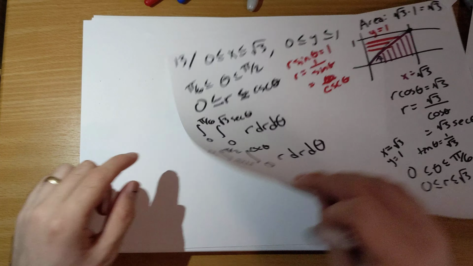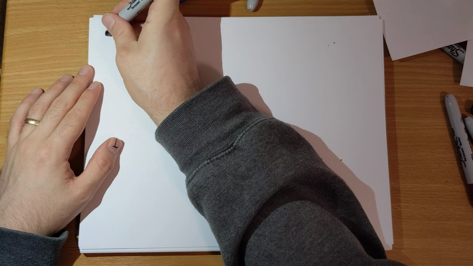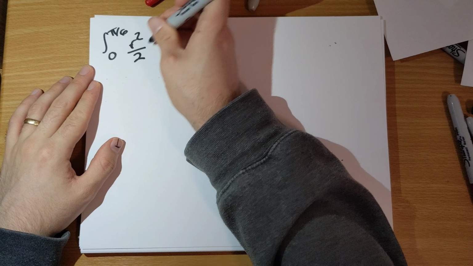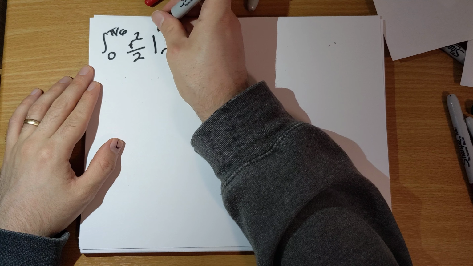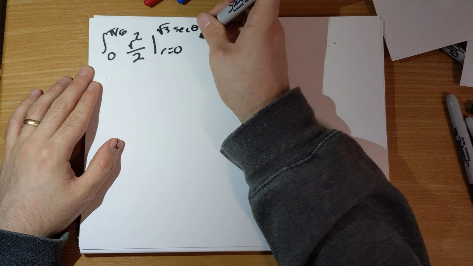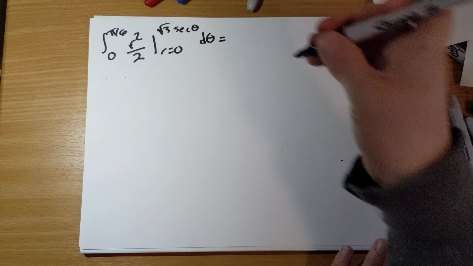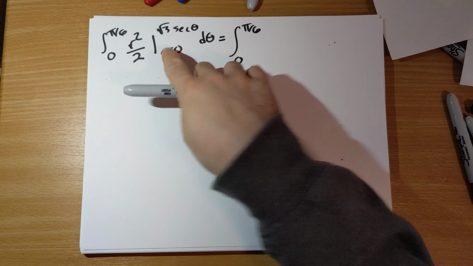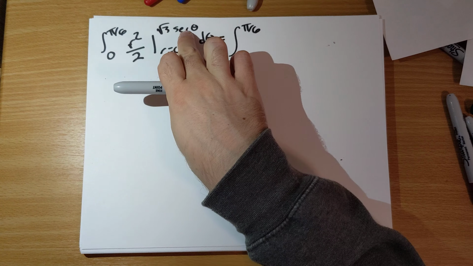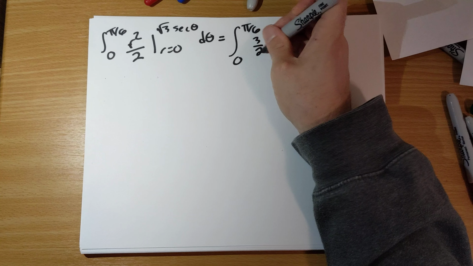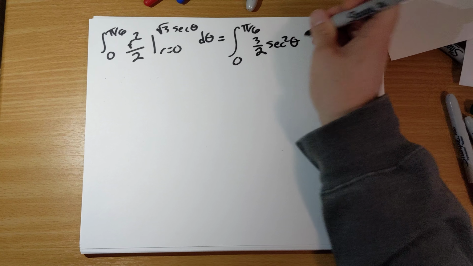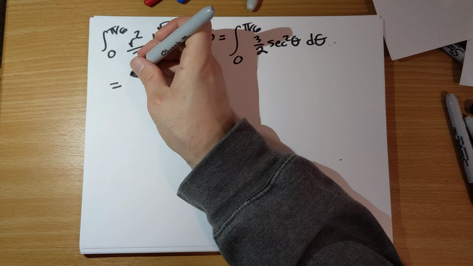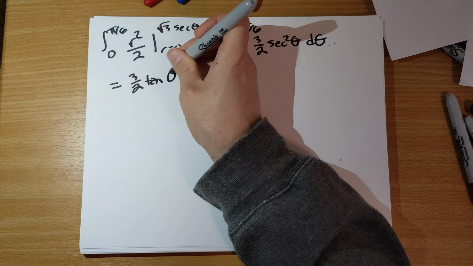The first one: r integrates to r squared over 2. Plug in r from 0 to square root 3 secant theta. So this will be the integral from 0 to pi over 6 of, root 3 secant theta squared over 2, so 3/2 secant squared theta d theta. The antiderivative of secant squared theta is tangent theta.